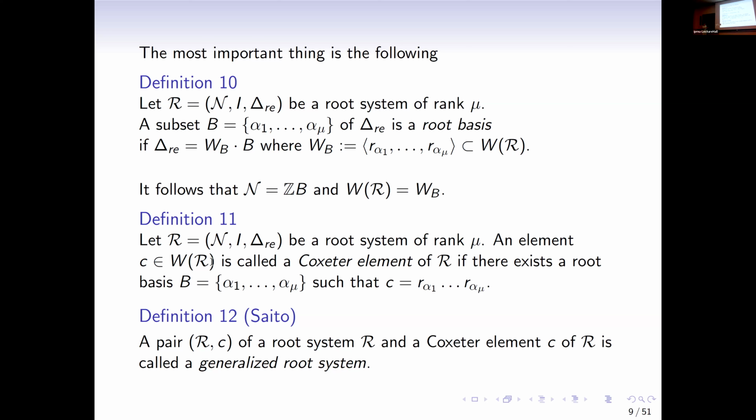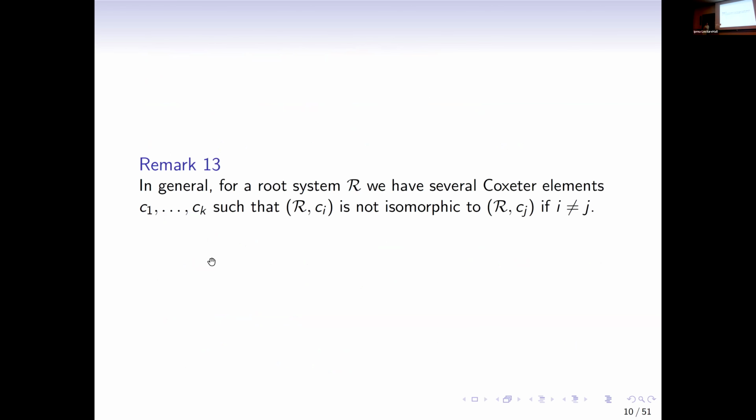And the pair, the root system together with this Coxeter element, will be called a generalized root system. This is very important. In general, more precisely, except for the finite A case, there are several Coxeter elements.